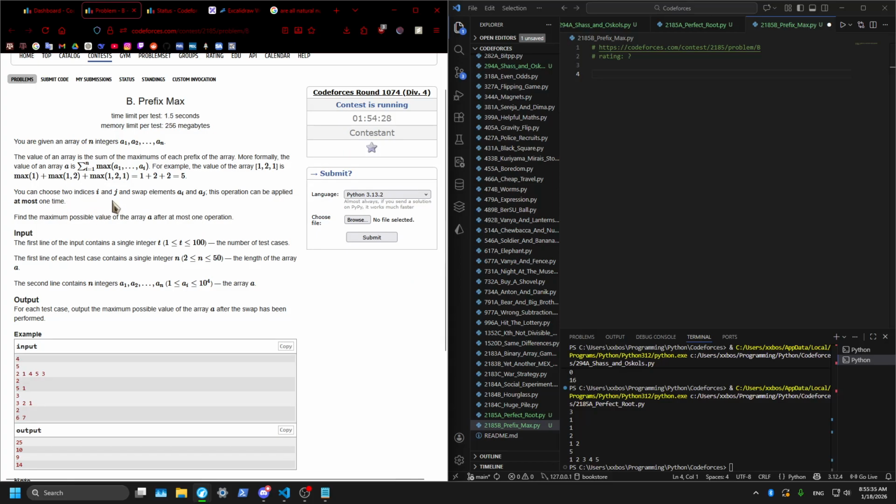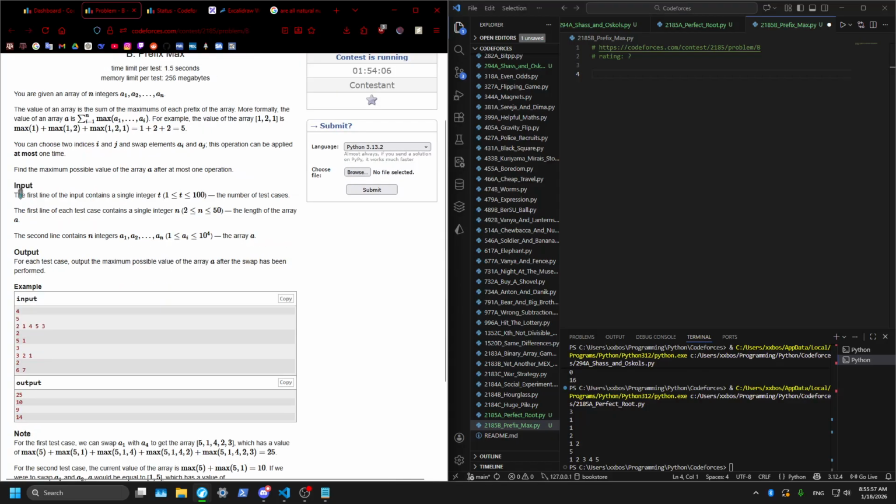Find the maximum possible value of the array after at most one operation. At most one time. You can choose, so you don't have to choose.